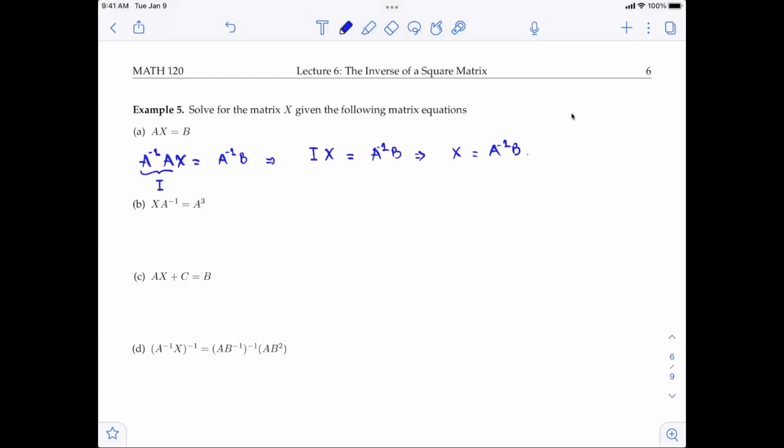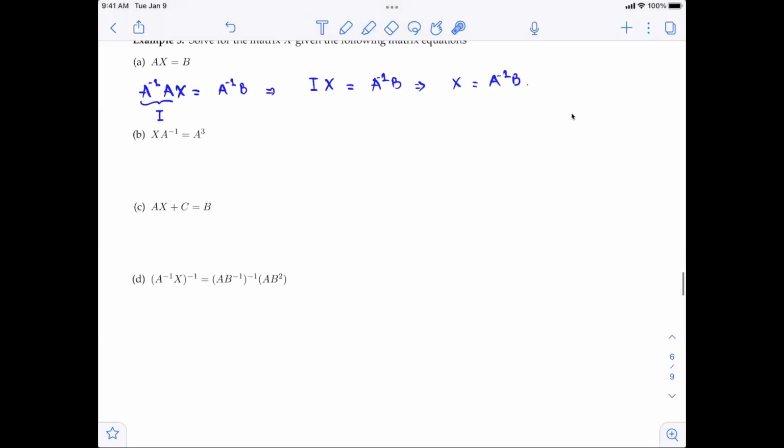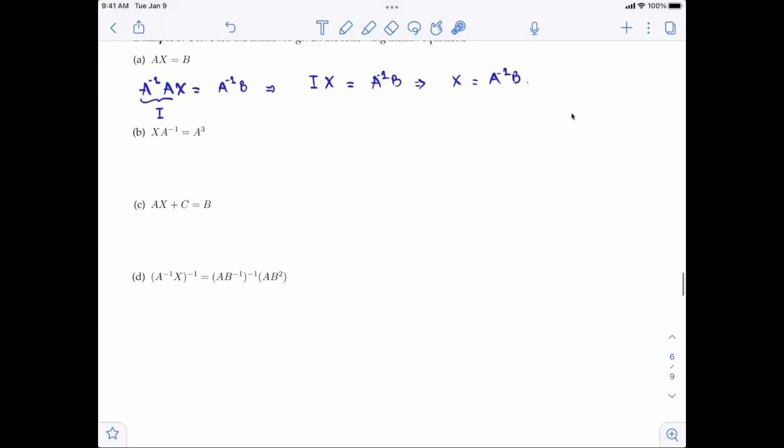All right, so the next equation is X times A inverse equal to A to the third power. Now, because A inverse is on the right of X, what you do to get rid of A inverse is to multiply both sides by A, and do that on the right-hand side, the right multiplication.